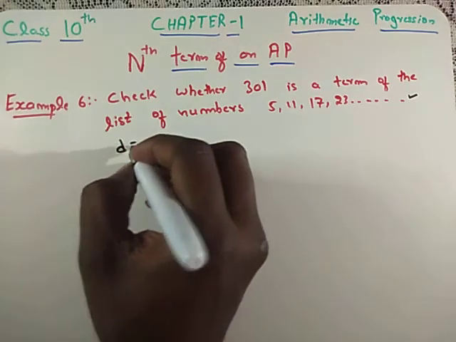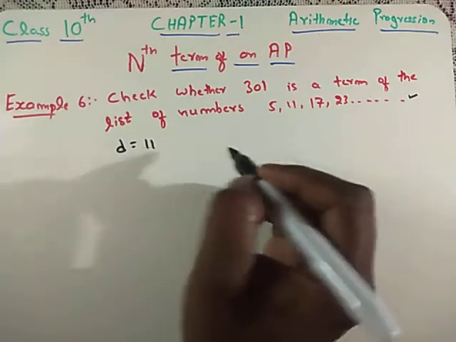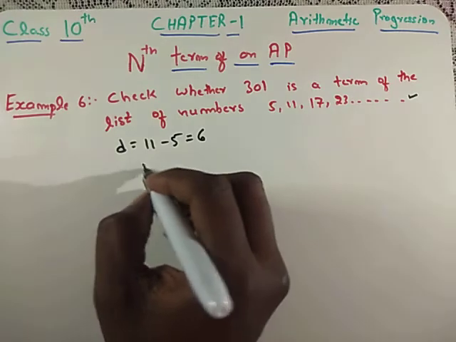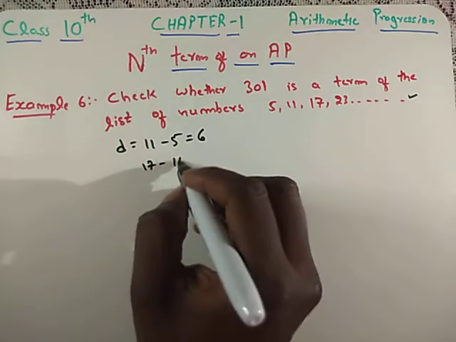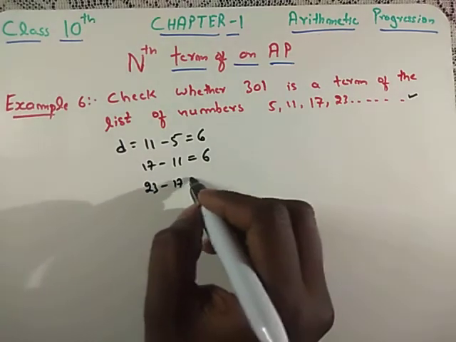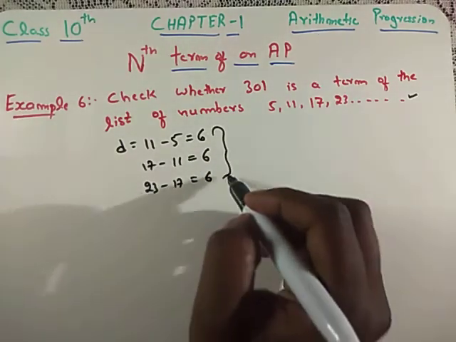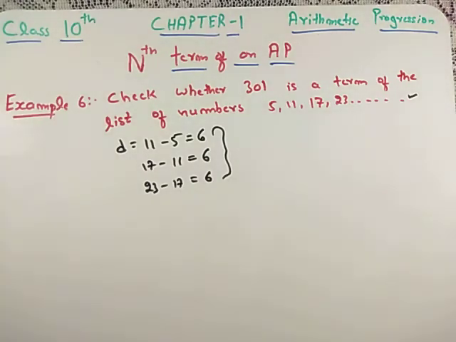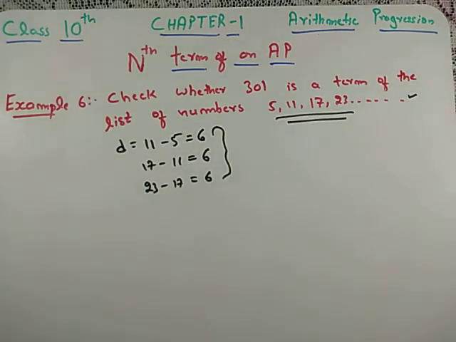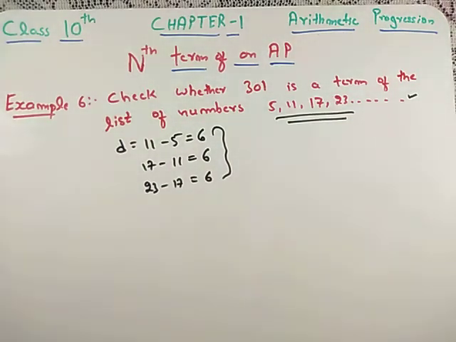So, d is equal to 11 minus 5, which is equal to 6, 17 minus 11, which is equal to 6, 23 minus 17 is equal to 6. If we observe, we are getting the same common difference. So, this list of numbers is in arithmetic progression.